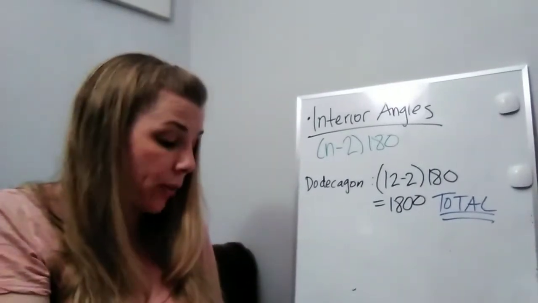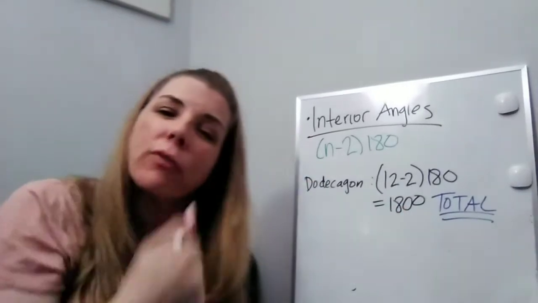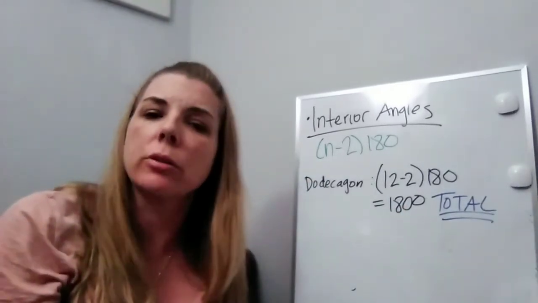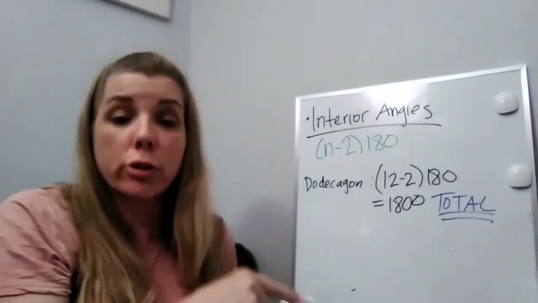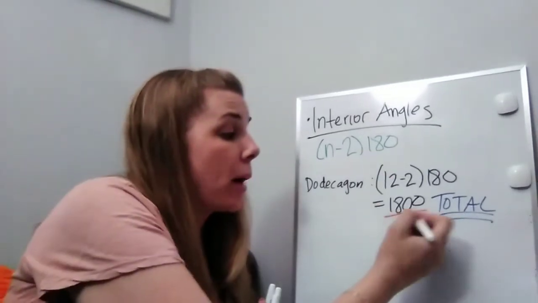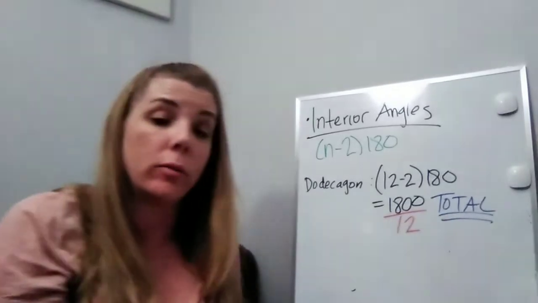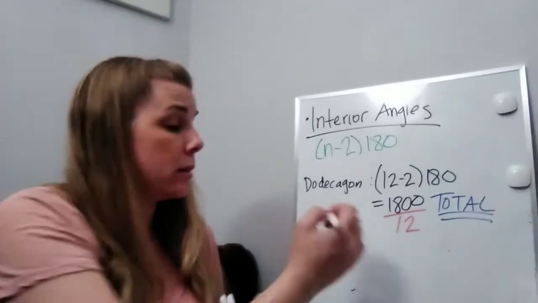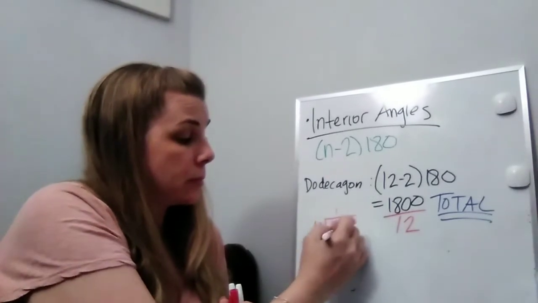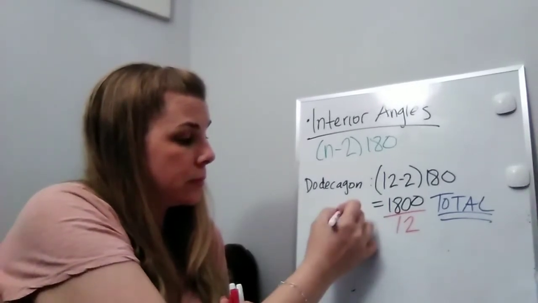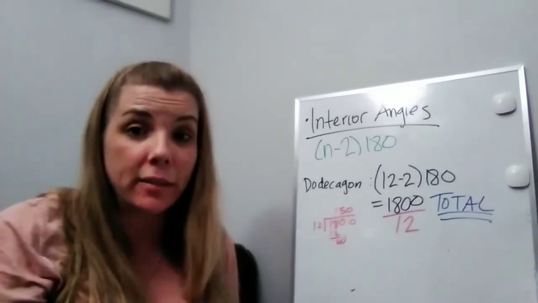So if you wanted to find out, you have your total. What if I now wanted to find out how many degrees is each? I know they have to be the same. So what I'm going to do is take your total and divide it by 12. 1800 divided by 12 is 150. Sorry, I had to do that by hand.